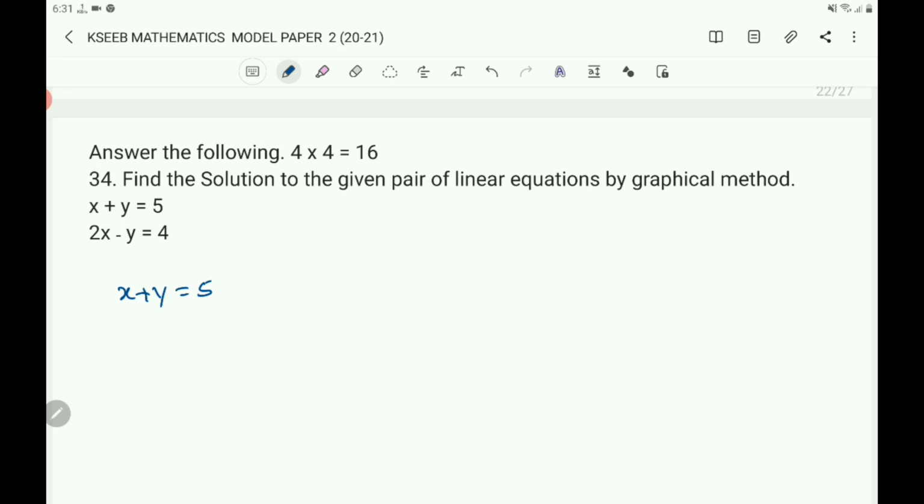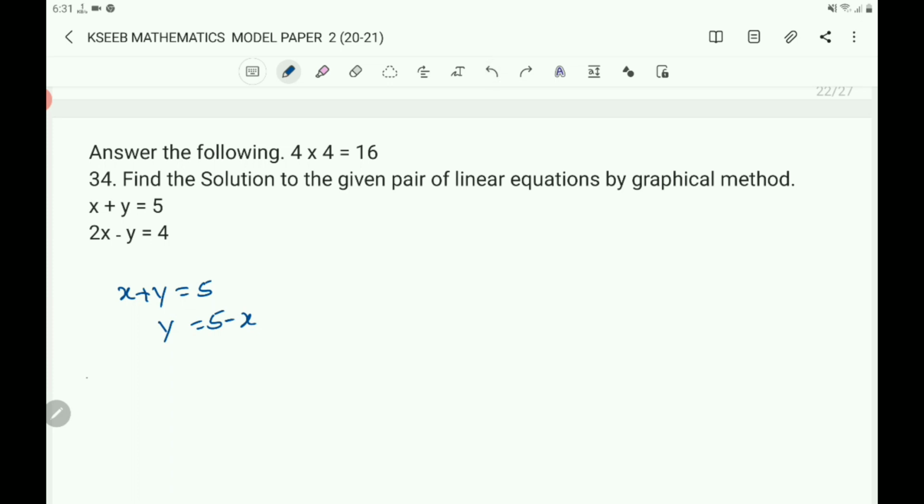So you take x plus y equals 5. Now you transfer x to the RHS, that becomes y equals 5 minus x. You got this in the form of y equals mx plus c. Now you take some values for x and get the value for y.